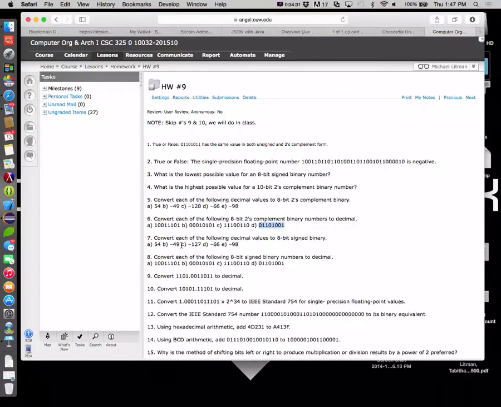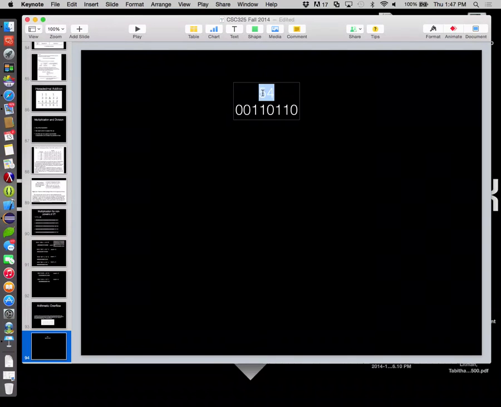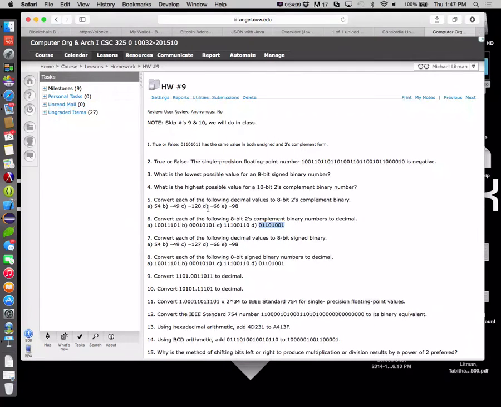Negative 49. And really, had you done number 5 correctly, number 7 should actually be pretty easy, right? Aren't they kind of inverses of each other?